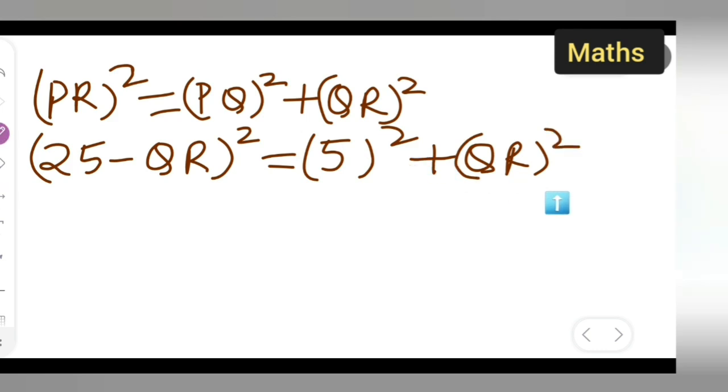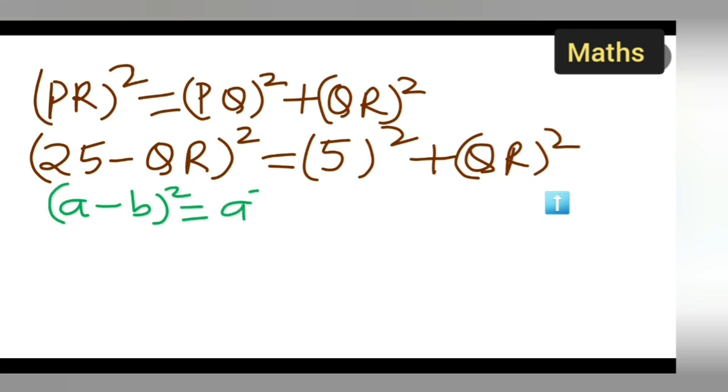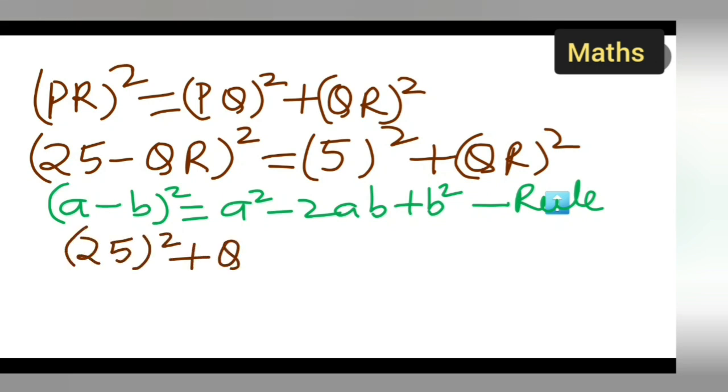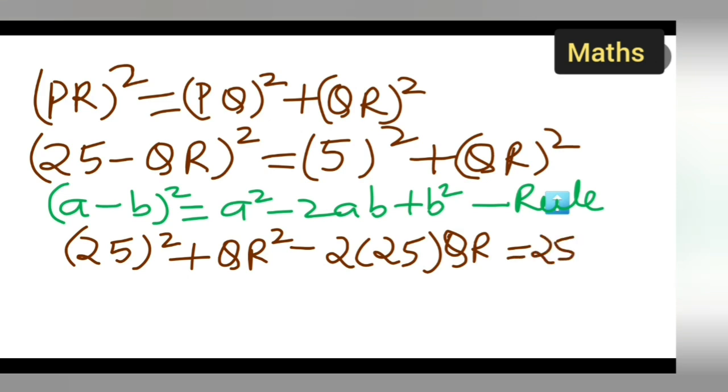Here you are going to apply the (A minus B) the whole square rule. (A minus B) the whole square is equal to A square minus 2AB plus B square. This is the rule which we are applying. So write down 25 square plus QR the whole square minus 2 into 25 into QR, is equal to 25 plus QR square.